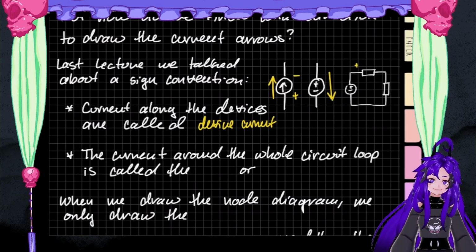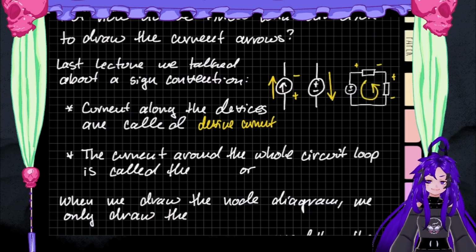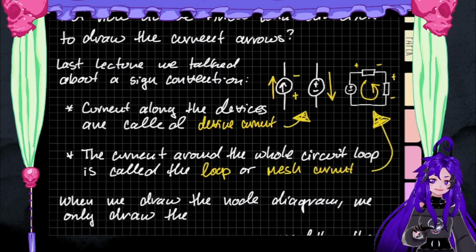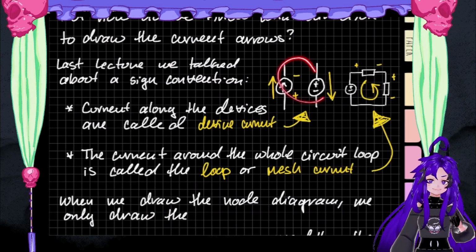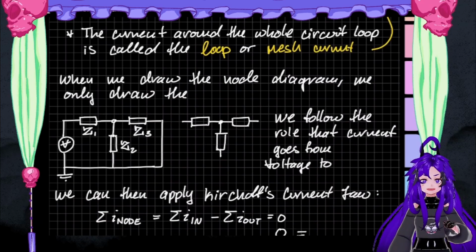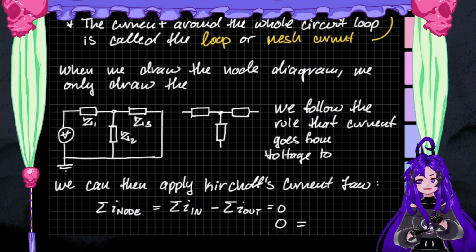We can apply that to these diagrams as well. We can even draw a current for the whole circuit, and that one we call a loop or mesh current. Devices have device currents, and meshes or loops have mesh currents. When we draw a node diagram, we only draw the device currents.